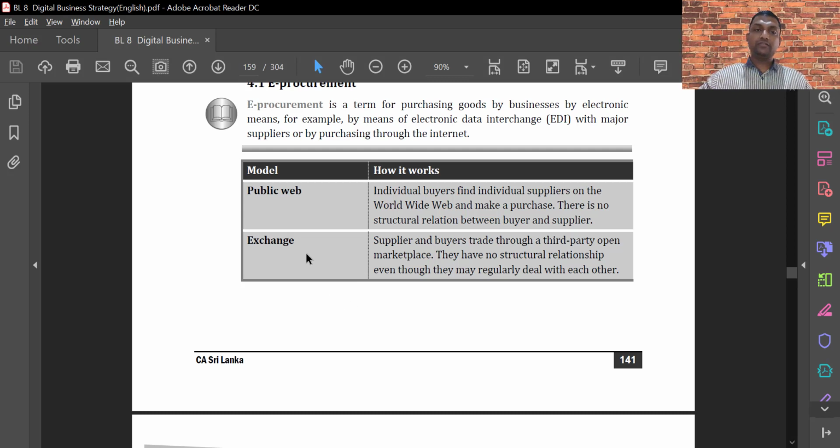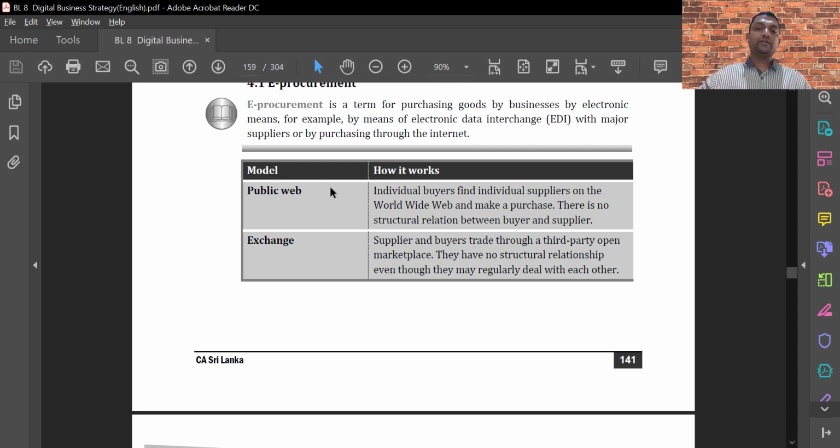So there are different models given. The public web model, this is where individual buyers and suppliers meet in a website which is open to anyone. So this is not a specific organizational arrangement or anything.